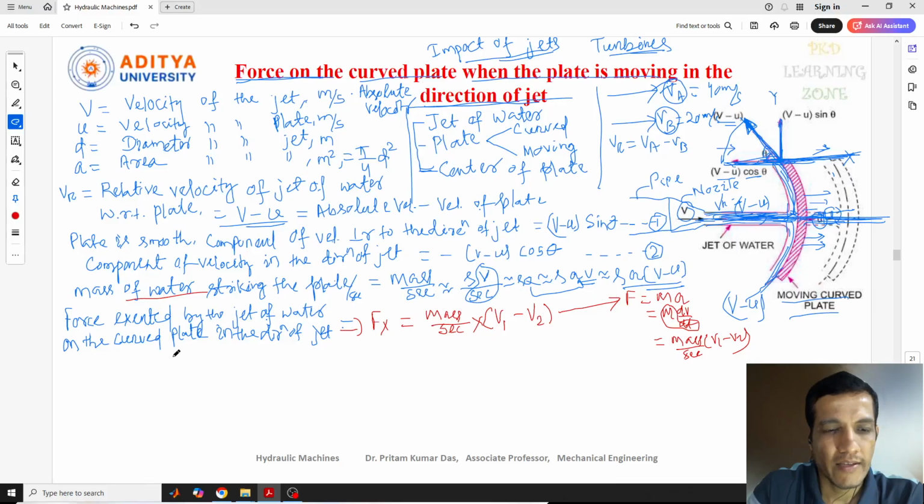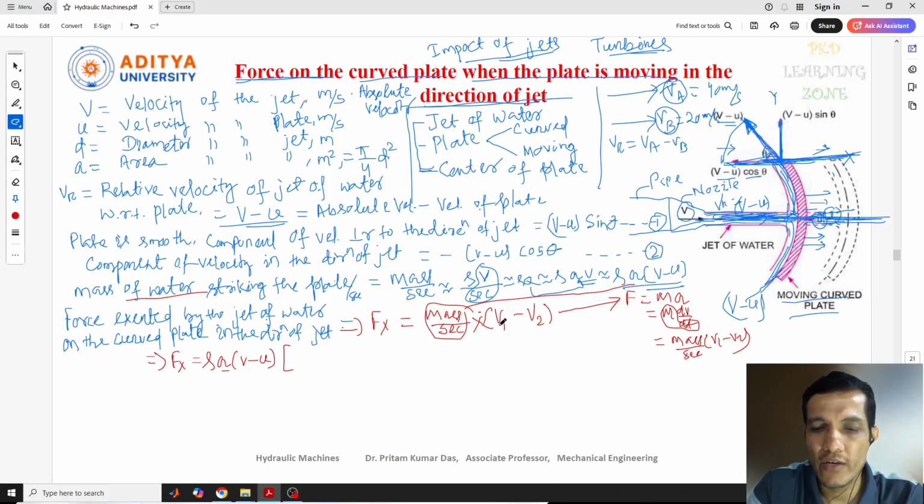Now again we can write Fx equal to the value we have already calculated. Just put this value here: rho a (v minus u), which is the mass of water striking per second, times the bracket of the initial velocity.